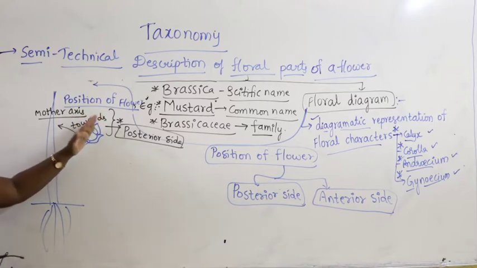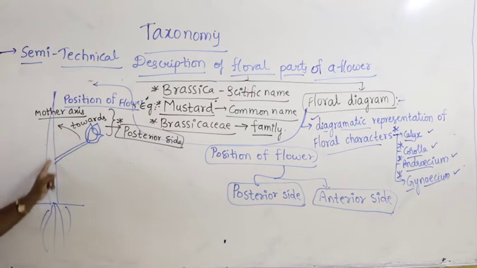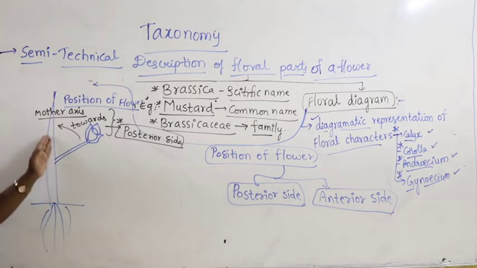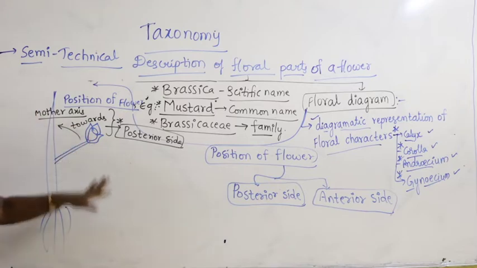The angle of direction of the flower position towards its mother axis. The stem itself is called the mother axis because it contains branches, flowers, fruits, seeds. So the position of the flower towards the mother axis is called the posterior side.